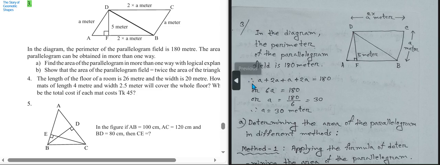So a plus 2a plus a plus 2a equals 180. And after calculating it, we find that the value of a is 30 meter. Now we have to determine the area of the parallelogram in different methods.